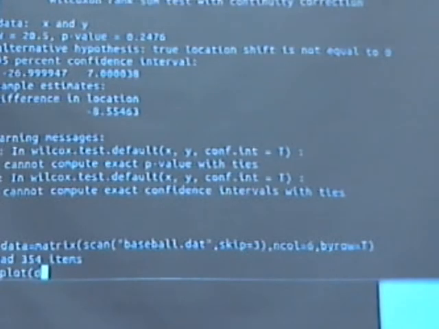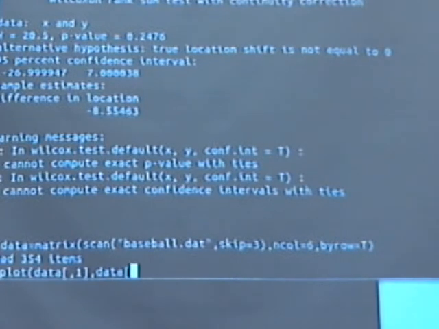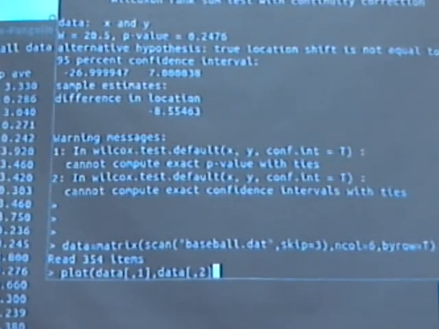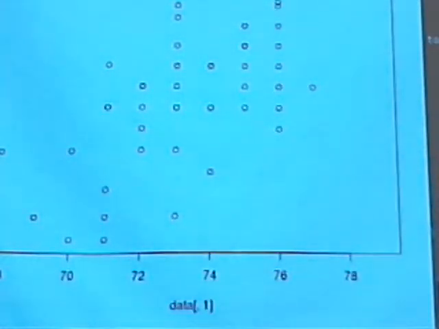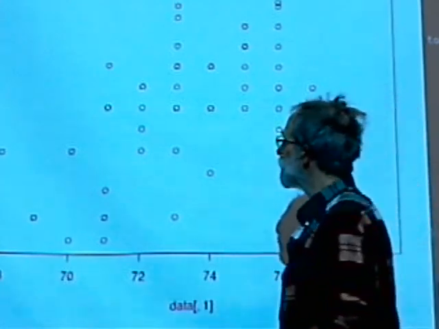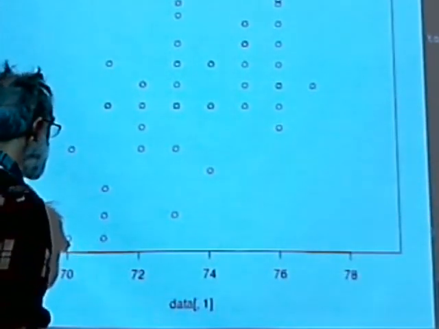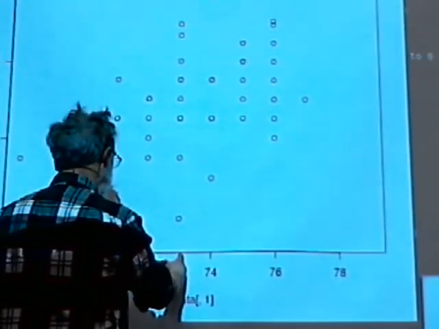X would be height, Y. There's a lot of noise in the data. I mean, here's people who are 6'1", right?